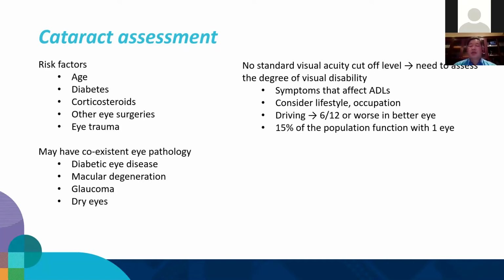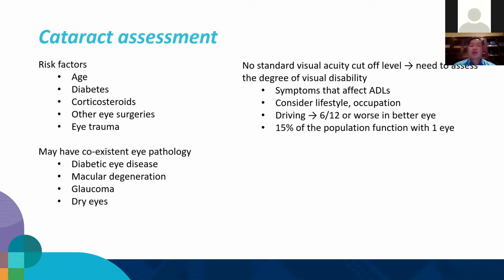So really what you need to do is ask them exactly how much the vision is affecting their activities of daily living. And you need to consider their lifestyle and occupation. Driving, I think, is one of the most important things that we have in Melbourne. It's very hard to get around Melbourne without a car.